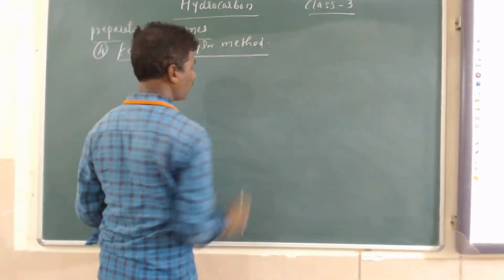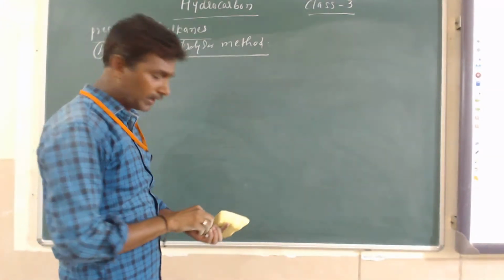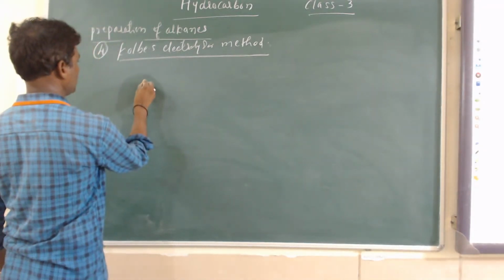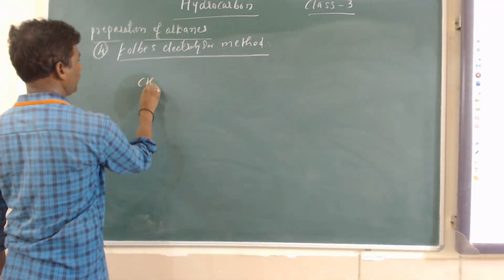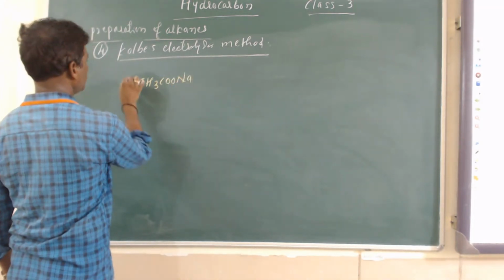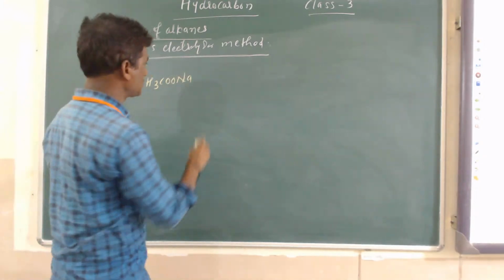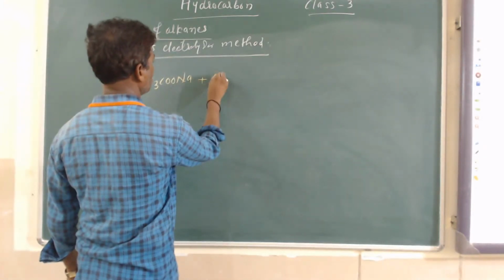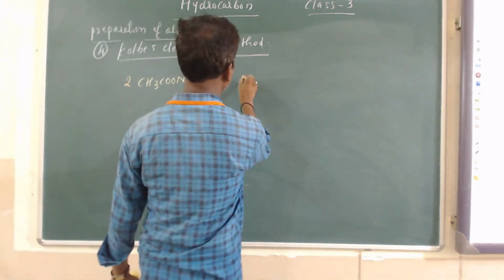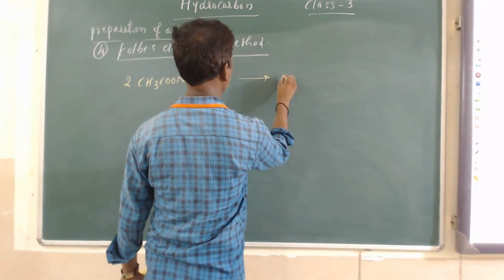In this coal-based electrolysis method, here also we can take sodium acetate. I can take two molecules of sodium acetate plus water.